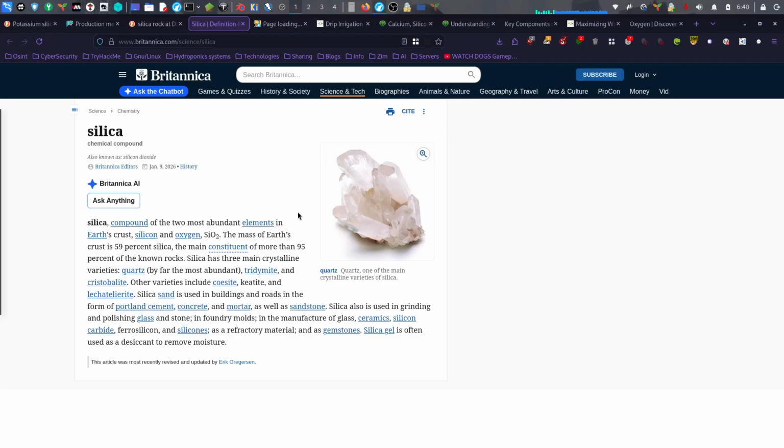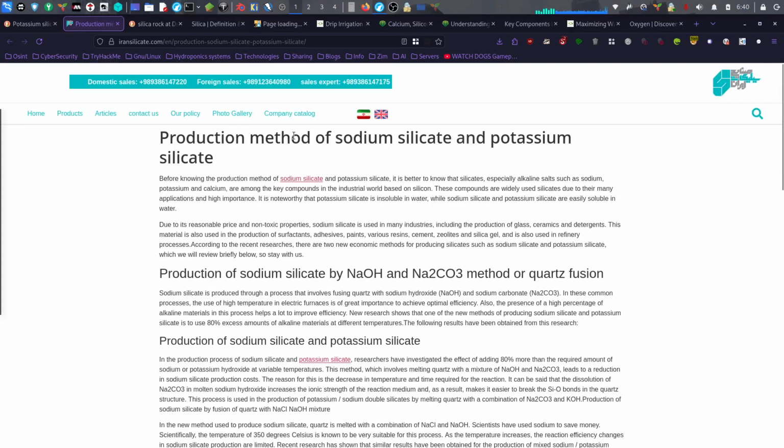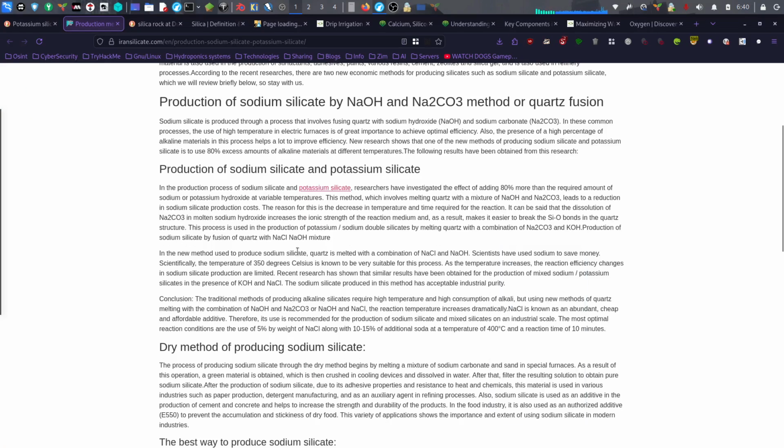Okay, to make nutrient solutions I need to find quartz and other compounds, and I know I need to crush them into small parts, and this is the production method. This may require machines or not.